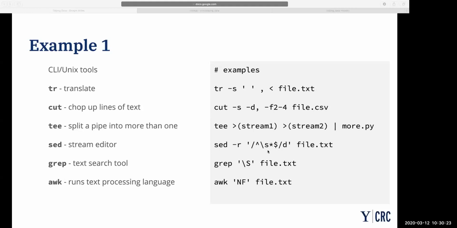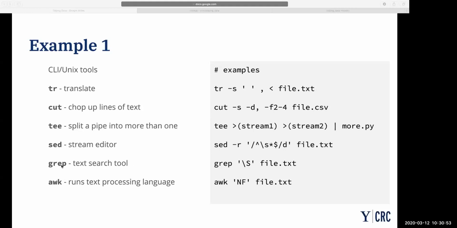What this expression is actually saying is match, starting at the very beginning of the line, that's this caret here, 0 or more white space characters all the way to the end. So I'm saying anything with just white space and no other kinds of characters, just delete that.